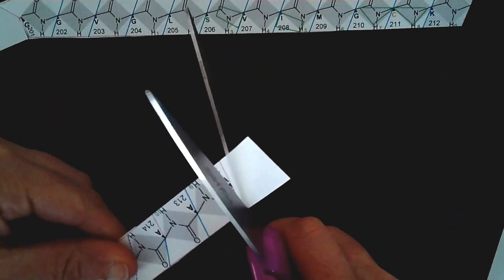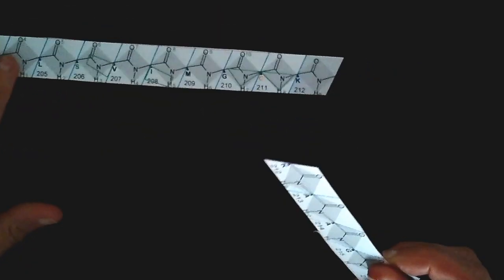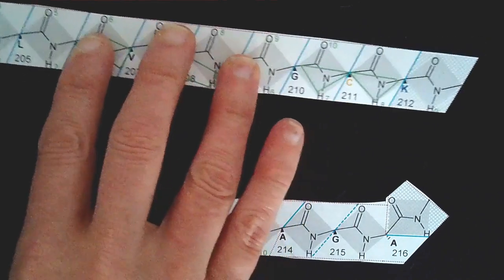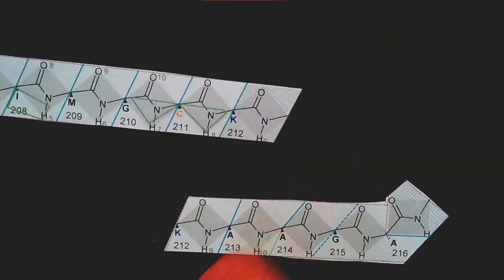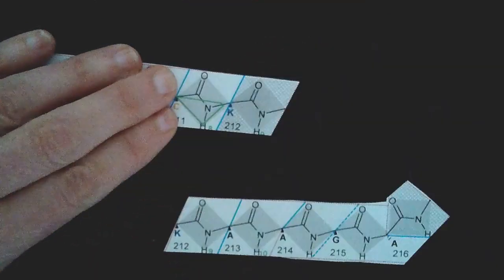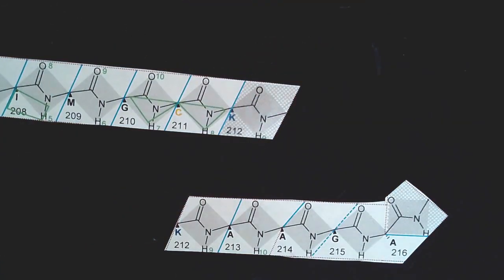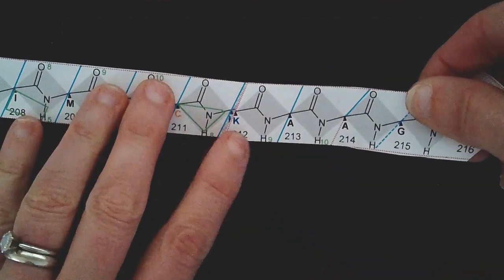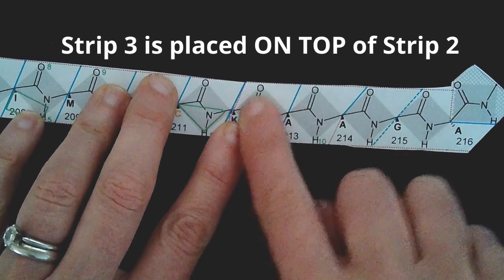And good. 212 at the end of strip 2 requires some glue. 212 to 212, it should fit perfectly.